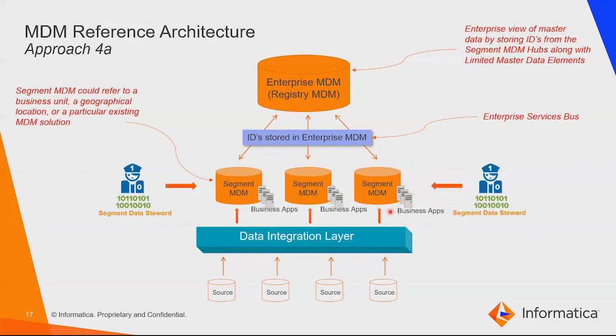And if there is a use case or a scenario where you want to have another enterprise MDM that will integrate all these silo MDMs, and you don't need to capture the entire data, but you're just trying to create a registry, that is when you could use this particular approach 4A, where you're building a new enterprise view of your master data, and it's registry style where you're just storing the IDs, and these IDs are passed on either by ESB or any other mechanism that gathers the data from your individual segmented MDMs and pushes it to the registry MDM. And this could be one approach to handle the hub of hubs.